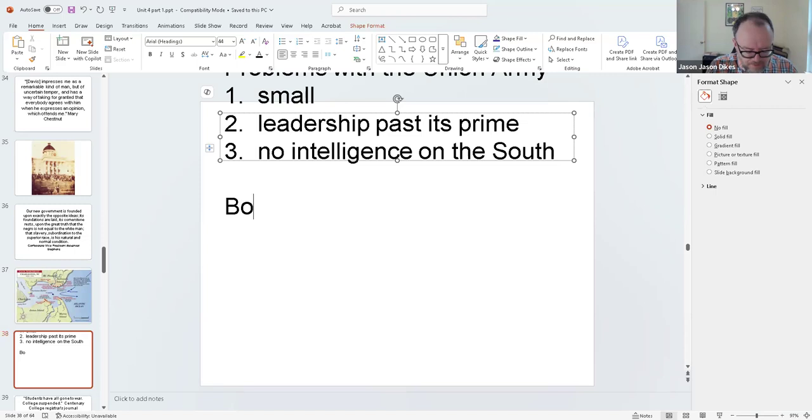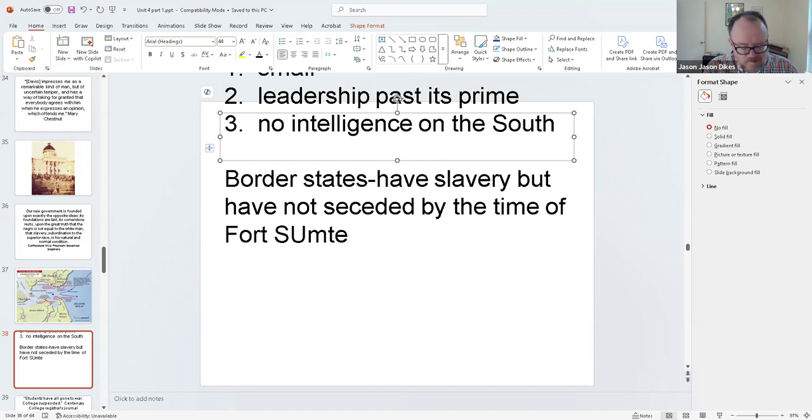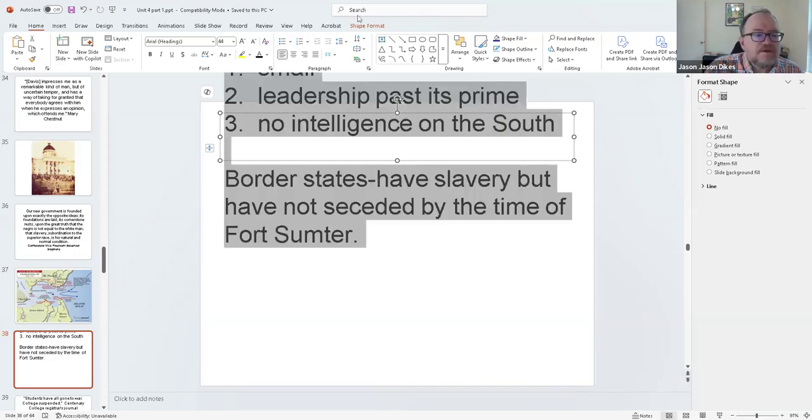Lincoln also has to deal with the border states. Now, the border states have slavery, but have not seceded by the time of Fort Sumter. And there were 4 border states. Let's look at them.